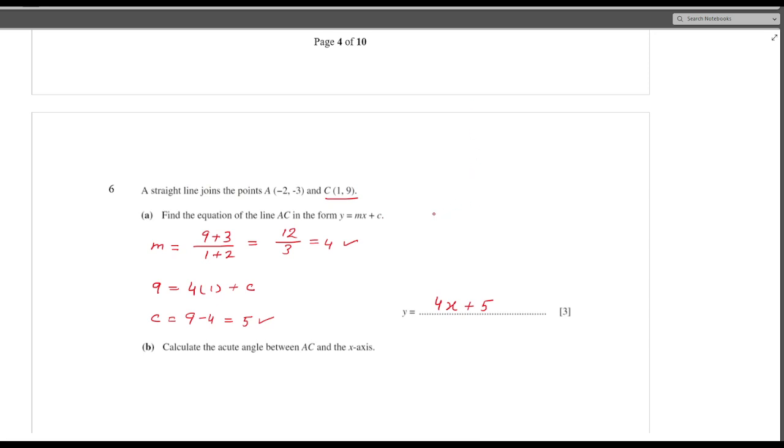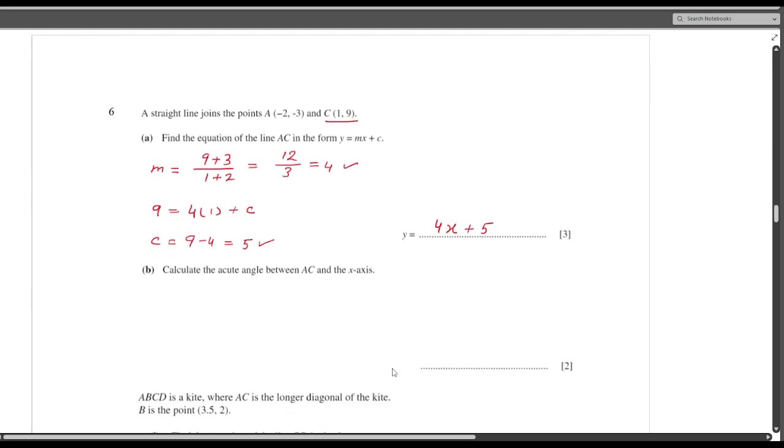So for your understanding, let me show you that this is your x-axis, this is your y-axis, and roughly if I plot these 2 points, one point will be somewhere here, -2 comma -3, and the other point will be somewhere here, which is 1 comma 9. Okay, so I join these 2 points. Now I have to find out this angle, the angle which the line is making with the x-axis.